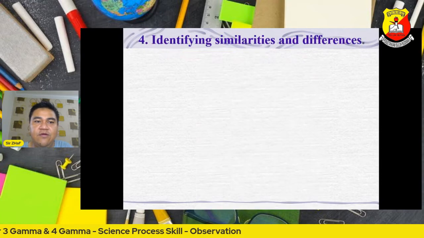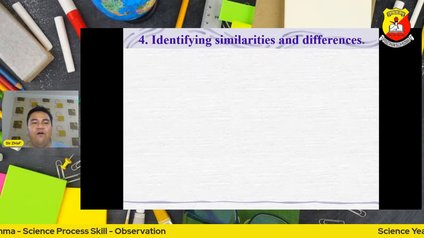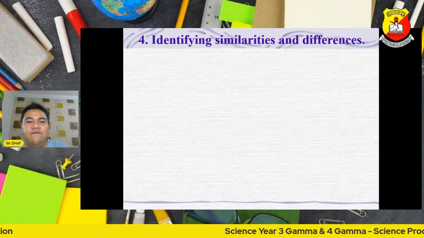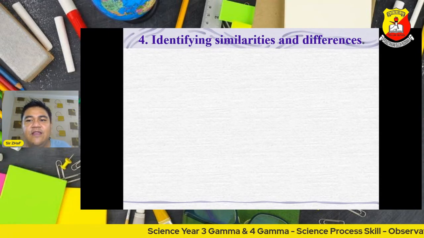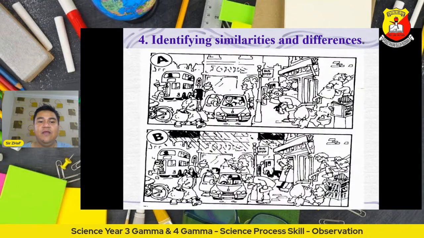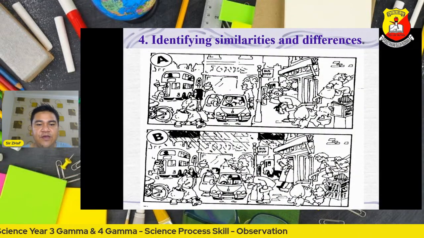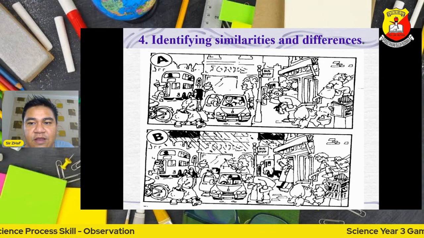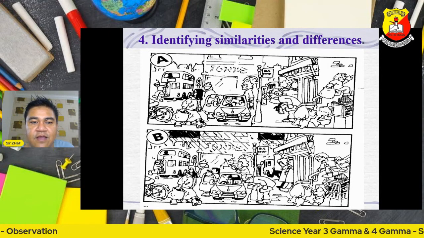Okay, then look. Number 4. What you need to do when observing is identify similarities and differences. Look at this picture, picture A and picture B. Can you tell me, class, what the differences are?